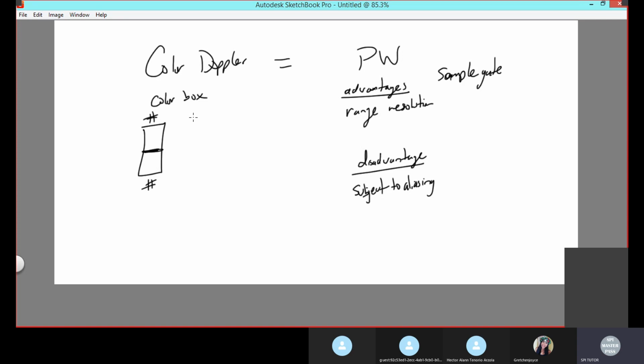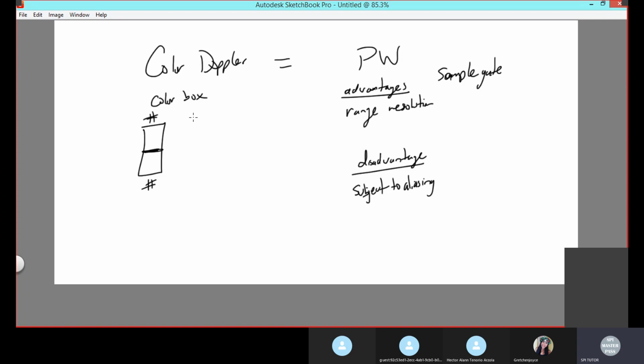If it has a limit, then it could possibly have aliasing if a velocity is high enough. And with color Doppler, if you're scanning and you come across the noses, you notice that when you put color Doppler on there, it's going to look very mosaic. The word is mosaic, and that means that it's aliasing. So it kind of proves that, yes, I can see aliasing in color Doppler.